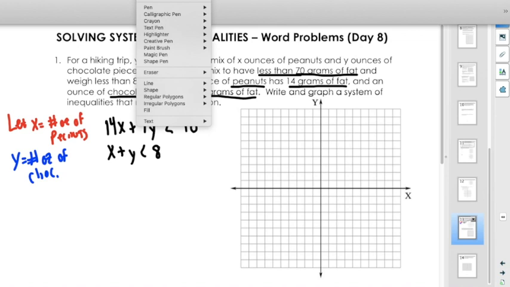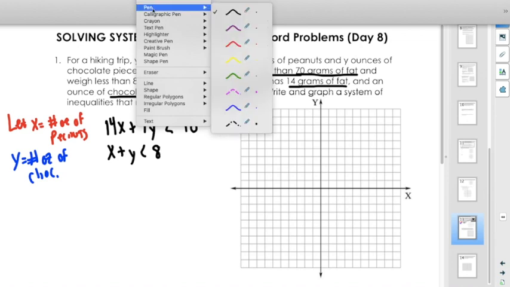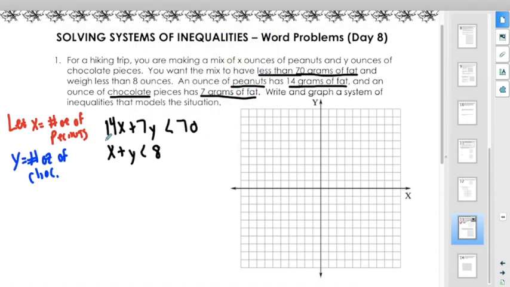This is good now. Remember, anytime we graph, whether it's inequalities or linear equations, we need to make sure that we get Y by itself every single time. We can't graph until Y is by itself.